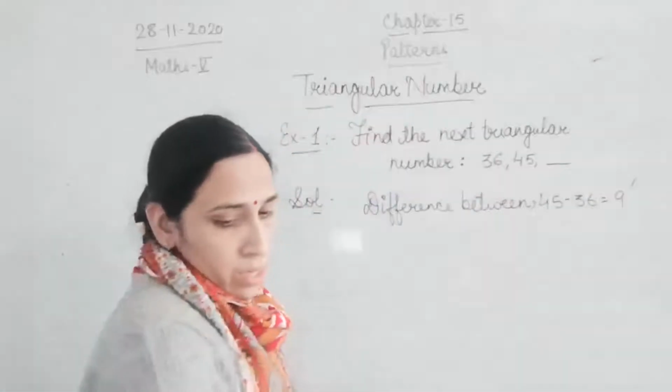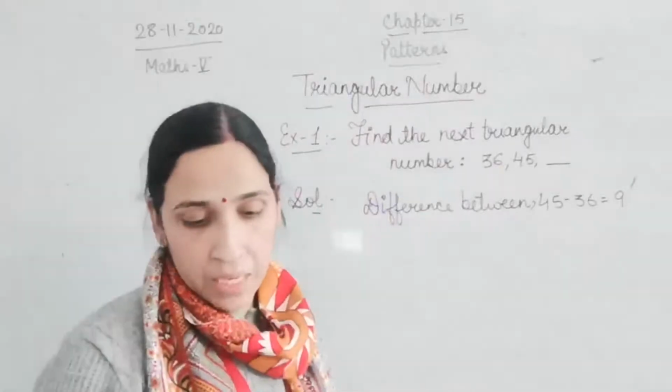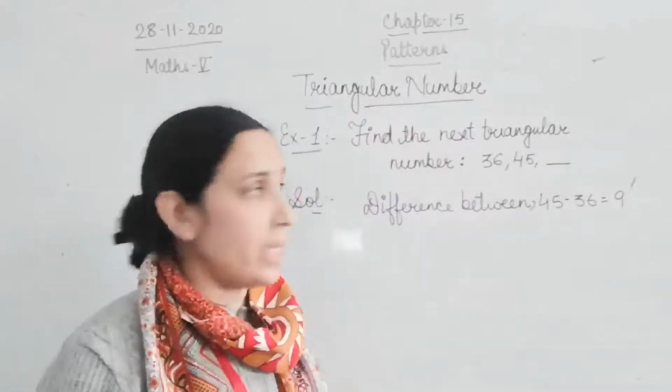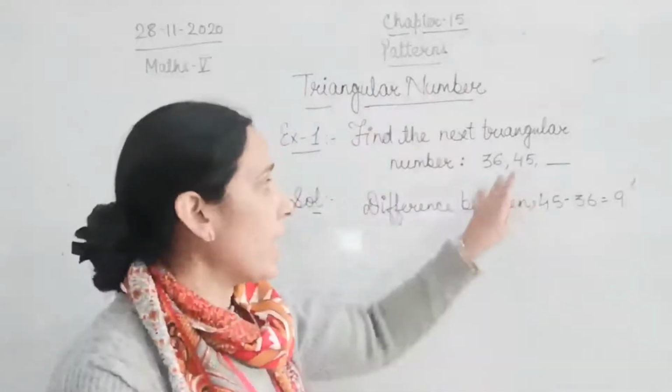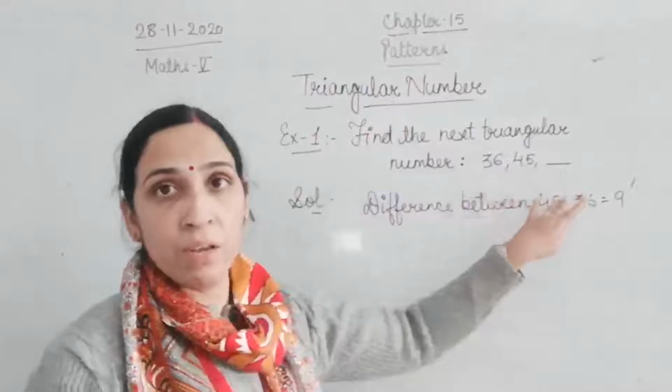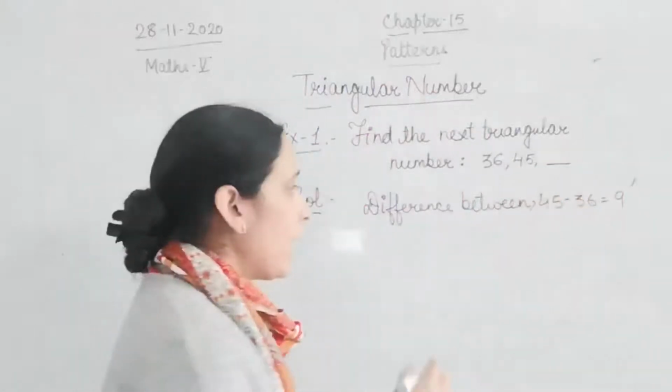Now, the next triangular number will be obtained by adding 10 to the previous number, because the difference is 9, which means 9 was added to get that 45. So now we are going to add 10.